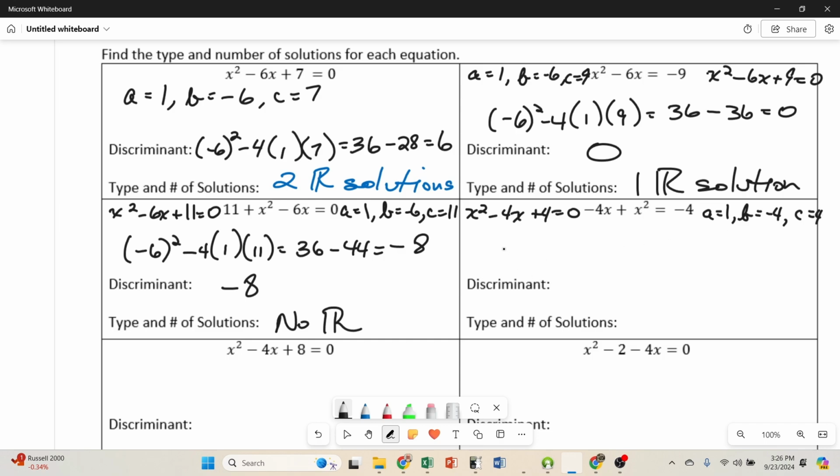So b squared, -4 squared, minus 4 times a times c, which is 4. -4 squared, that's 16, minus 4 times 1 times 4, minus 16 equals 0. Discriminant is 0. One real number solution.